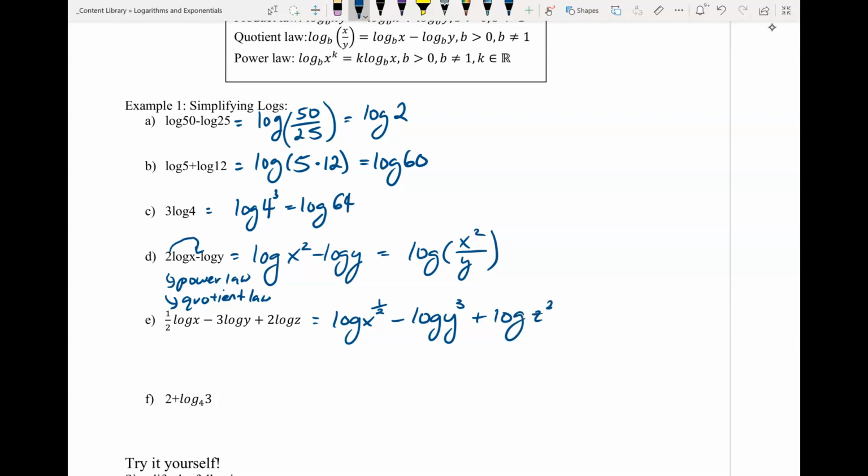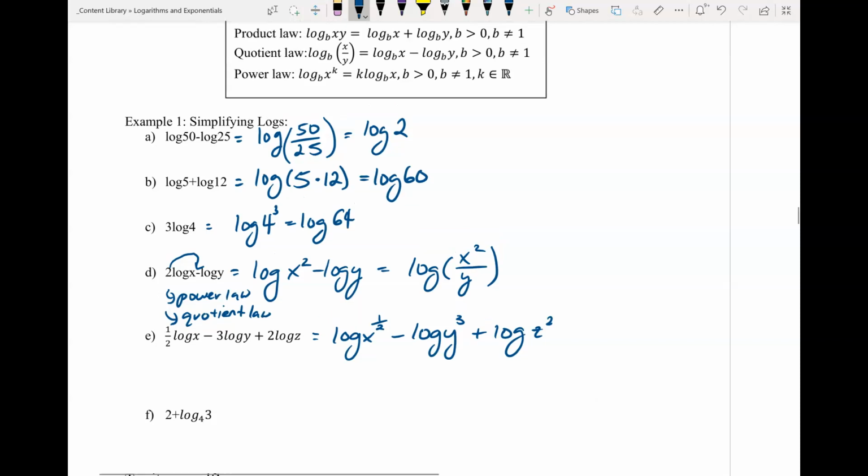Okay, now we can combine our logarithm using our product and quotient law. So be careful about this. If you see a minus in front of your log, this will be on the bottom of your quotient. If you see a plus in front of your log, then you can write that at the top of your quotient because that is multiplication.